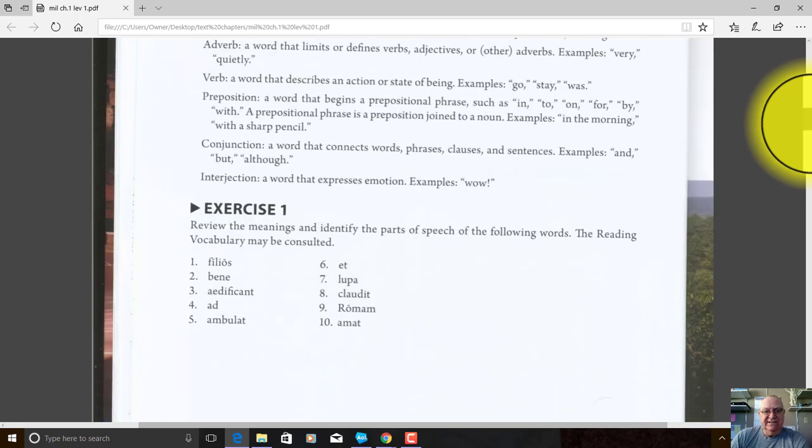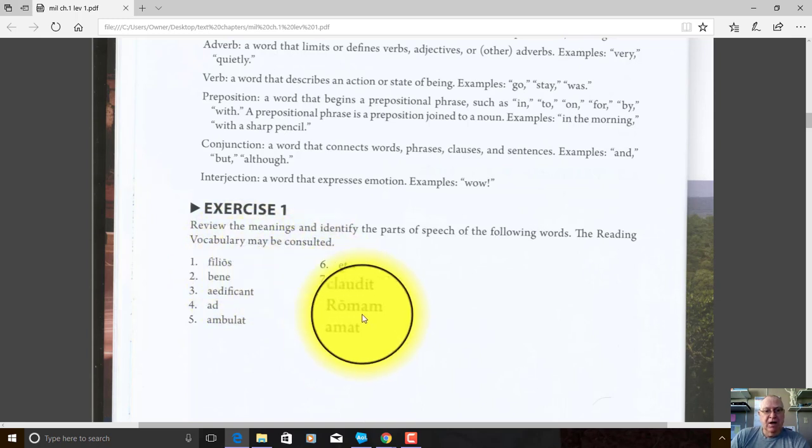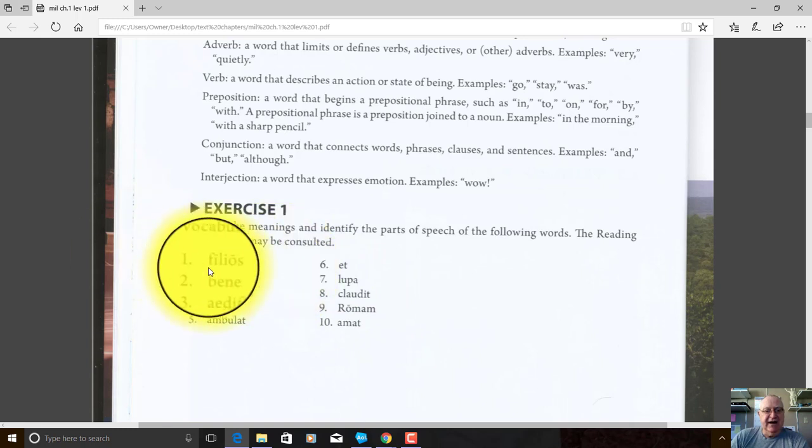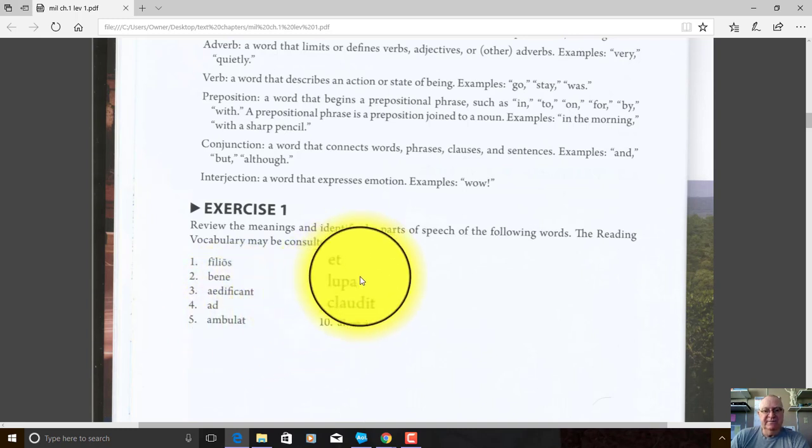You can read the definitions there. In the first exercise, you were supposed to put the part of speech for these words in Latin. This would be a noun, adverb, just follow my cursor, verb, preposition, verb, conjunction, noun, verb, noun, verb.